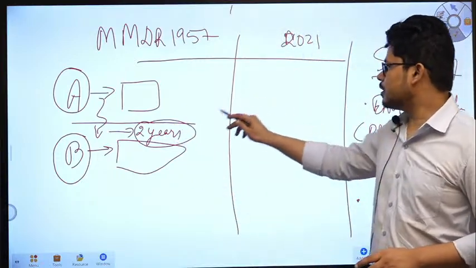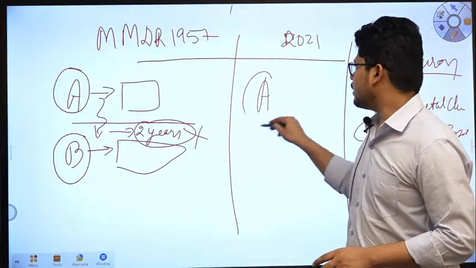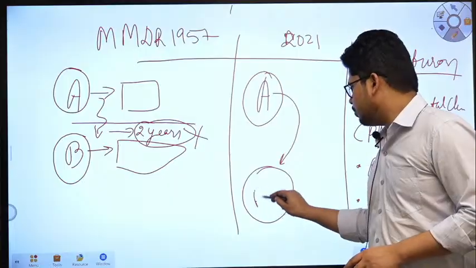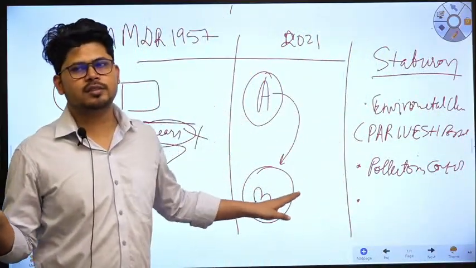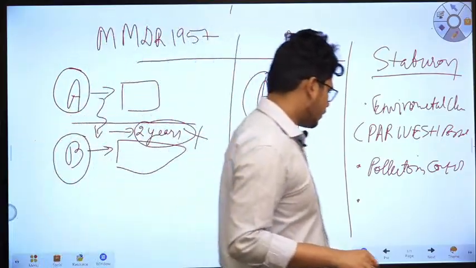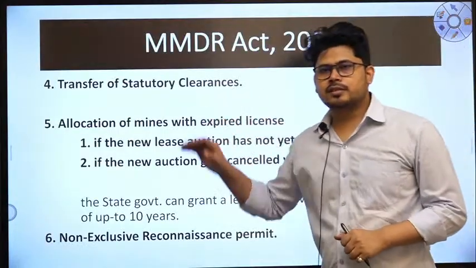Now this 2-year term has been removed and simply the clearances that A obtained for itself will be transferred to B, and there is no 2-year period. That means it does not have to obtain new clearances for the mining at the very same place. Okay, understood? So transfer of statutory clearances.